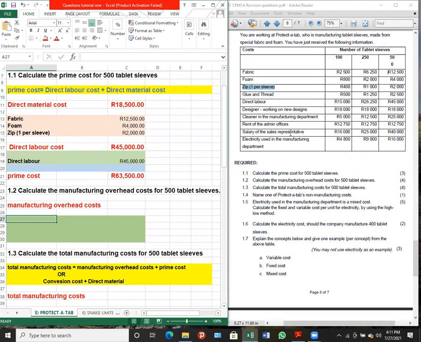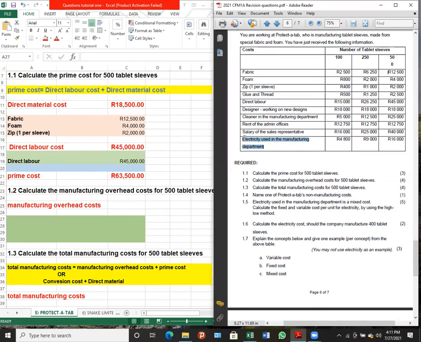Electricity used in the manufacturing department. Correct.